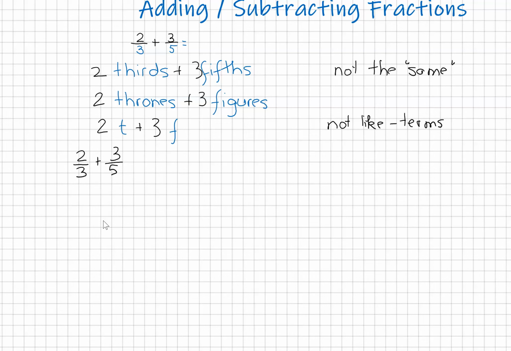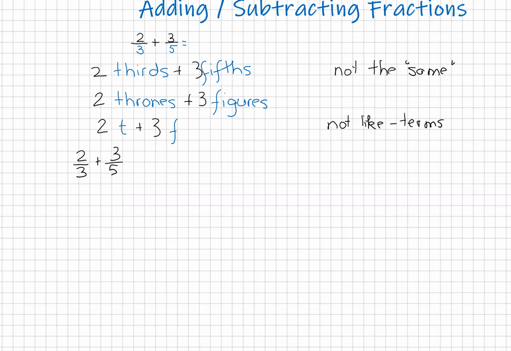an equivalent fraction. How do we find equivalent fractions? To remind you, we can multiply both the numerator and the denominator by the same number, or we can divide both the numerator and the denominator by the same number.